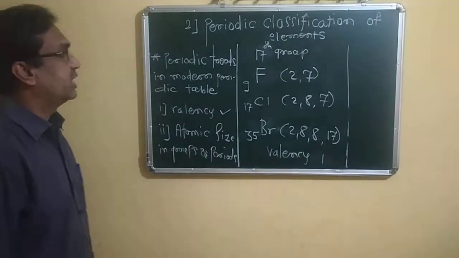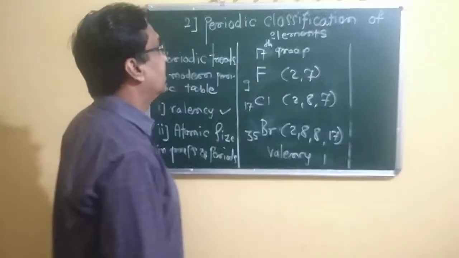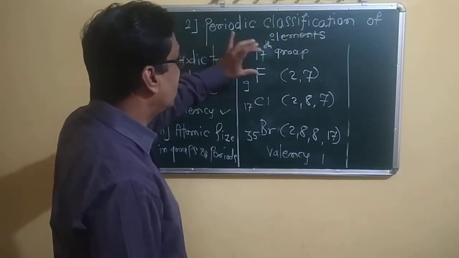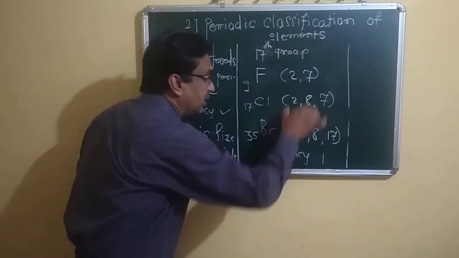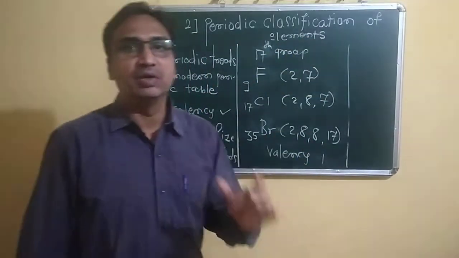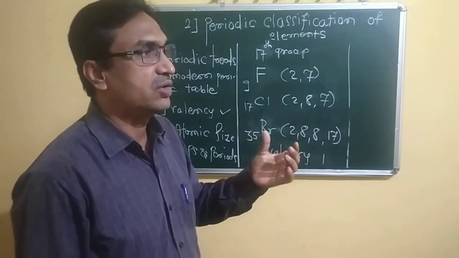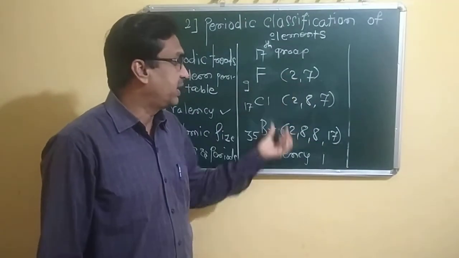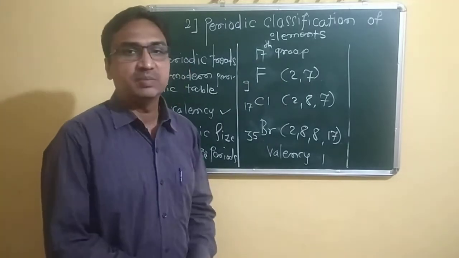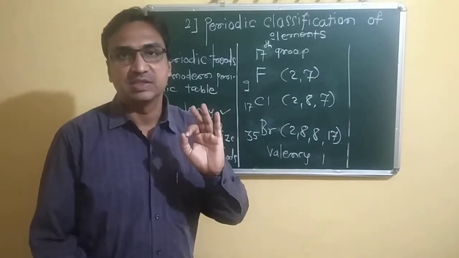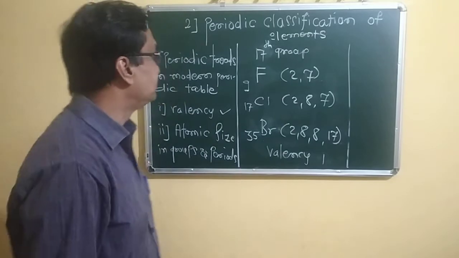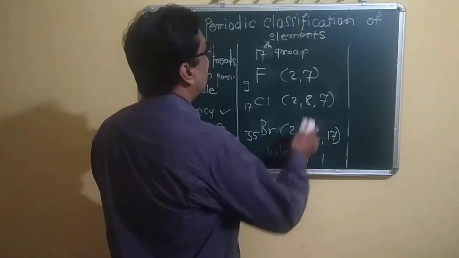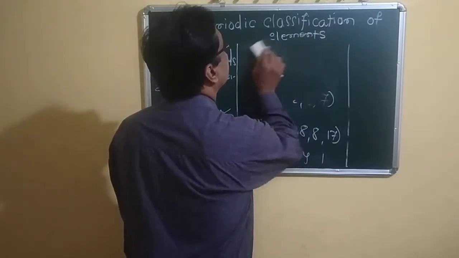So that is the periodic trend of valency in the modern periodic table in a group: in a single group, the elements having the same number of electrons accommodated have the same valency. After that, what you have to see is what happens in the periods.